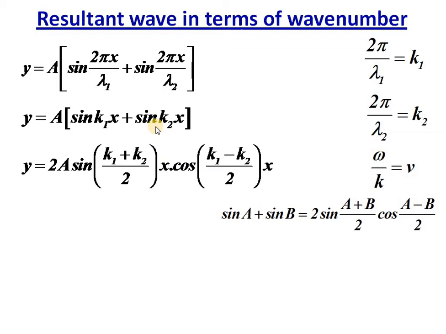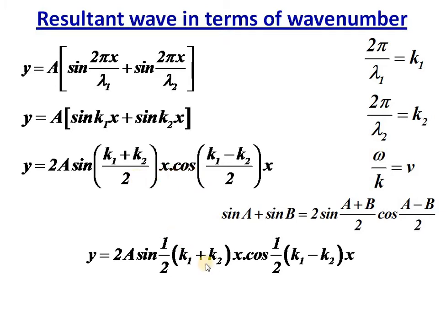Now what happens? This is a sin a plus sin b form. Of course, you can write them in the product form like this. So we have written it in the product form. So we get 2a sin((k1 plus k2)/2 x) cos((k1 minus k2)/2 x). Okay, so we now have a sine factor and a cosine factor. Just modify, take the 1 by 2 outside from both arguments.